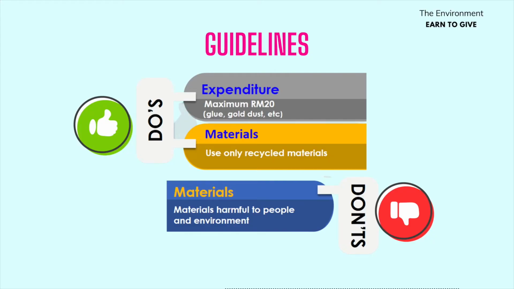The teacher distributes the guidelines on the do's and don'ts in creating the handicrafts. For example, pupils spend only 20 ringgit maximum and use only recycled materials, and they should not use materials that are harmful to people or the environment. Pupils get into groups of 4 or 5 and discuss what they are going to make.